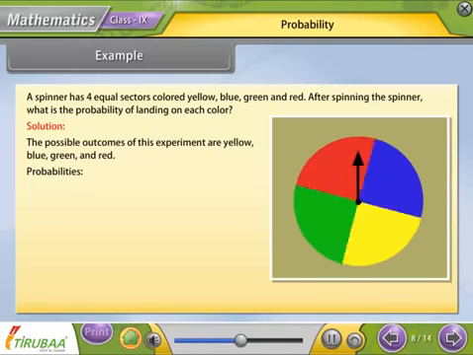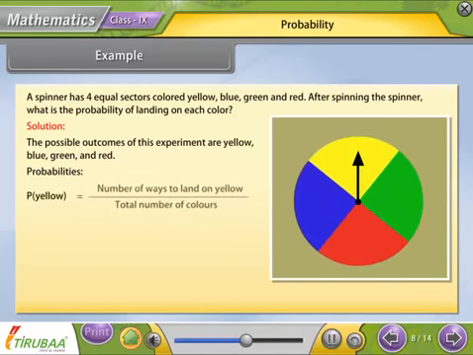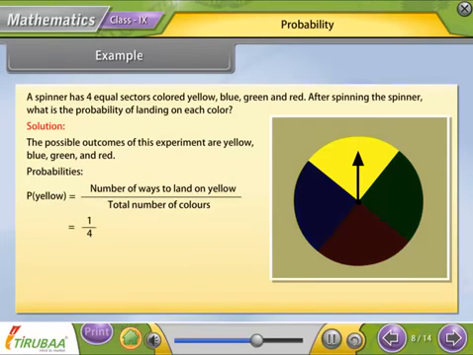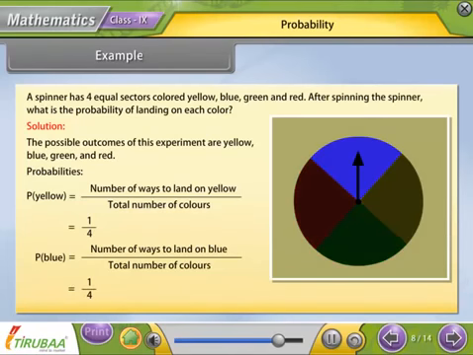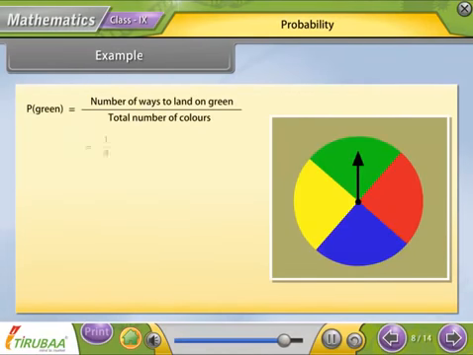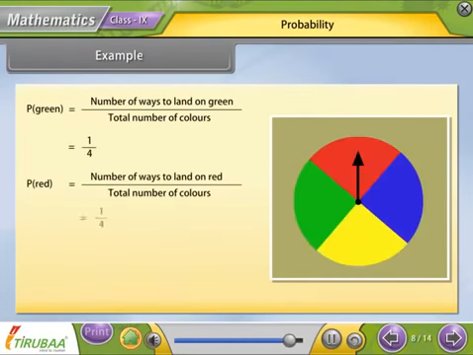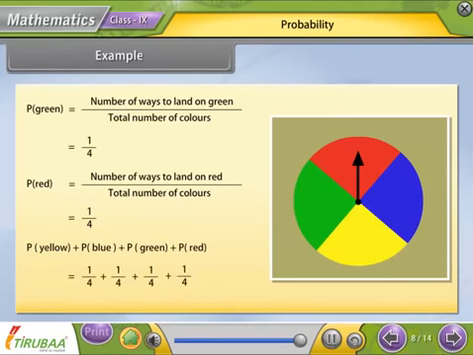Probability of landing on yellow is number of ways to land on yellow by total number of colors, that is equal to 1 by 4. Probability of landing on blue is number of ways to land on blue by total number of colors, that is equal to 1 by 4. Similarly, we will find the probability for green and red, and if we add all these probabilities, we will get 1.